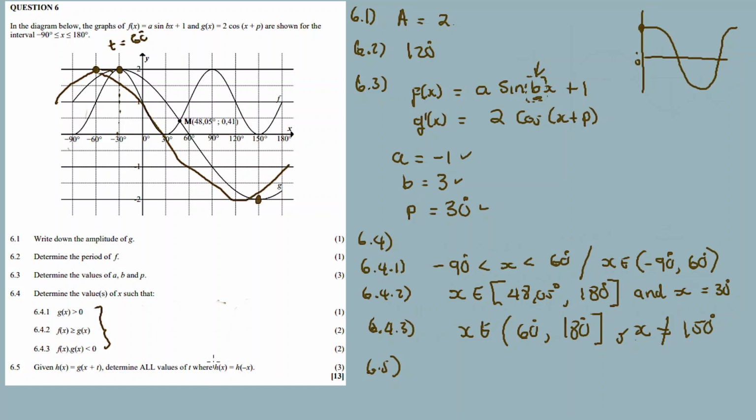Then they take the function h and reflect about the y axis, right? Once you have x times a negative, it means that you take your function and reflect about the y axis.